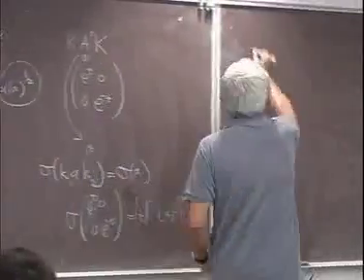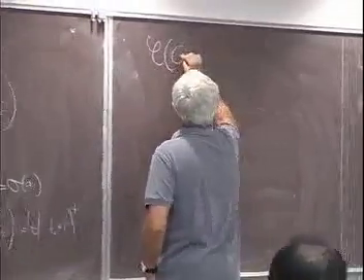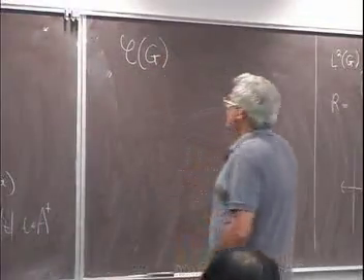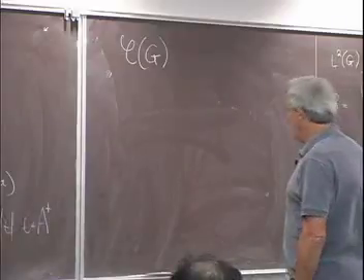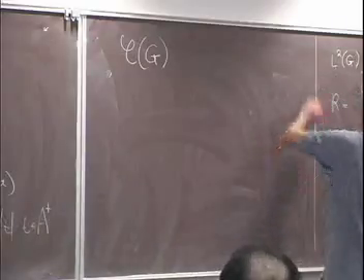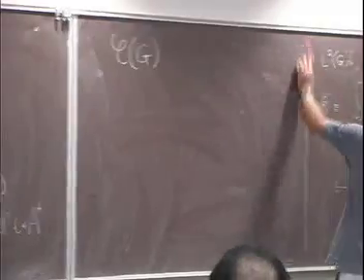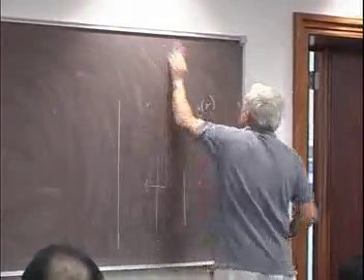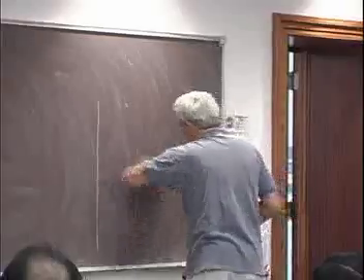So this is what Harishchandra needed to measure the growth of the functions at infinity. Then he defined the so-called Harishchandra-Schwartz space, C of G, in the following way. This is a space of smooth functions on the group.